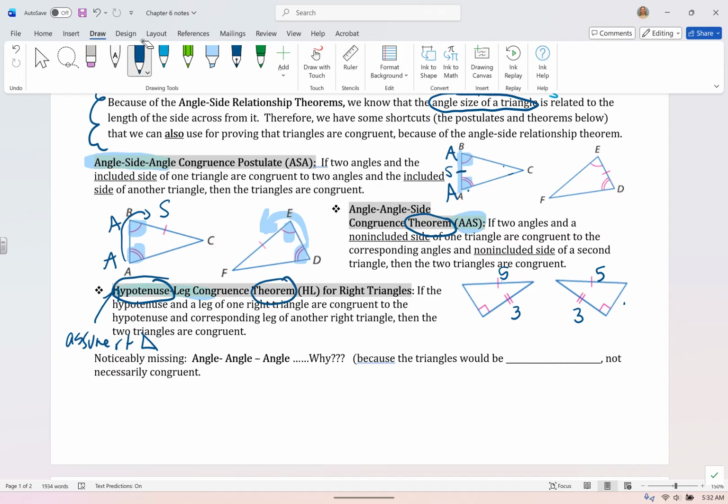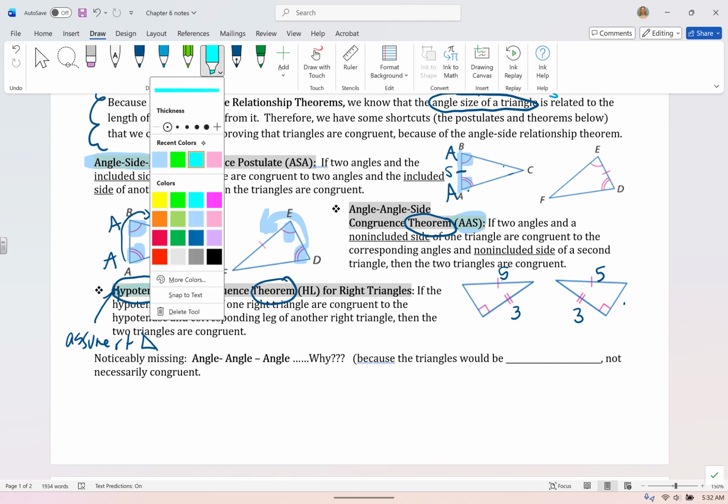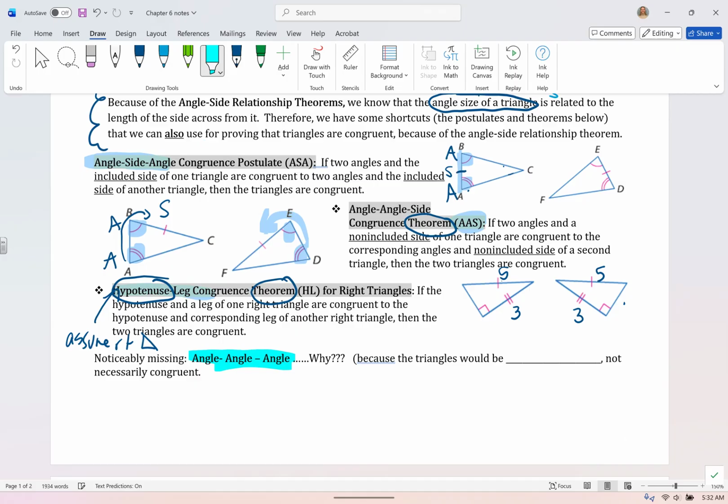Okay, so why is angle, angle, angle missing? That is not a valid proof. If you think about it, angle, angle, angle: if you've got a triangle like this right here, what if you had a bigger triangle?